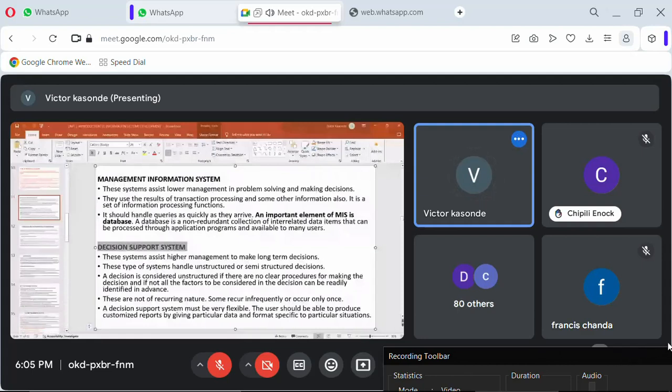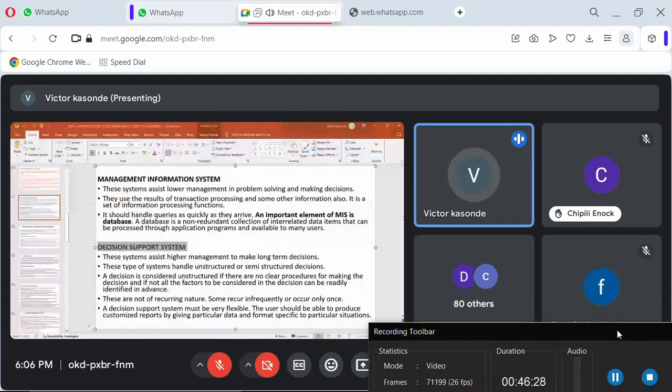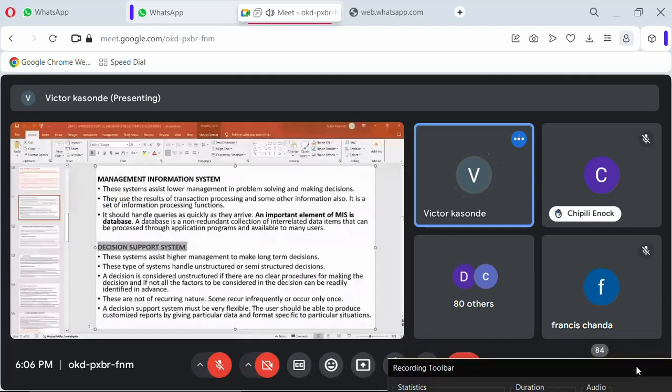Guys, it can't be like this. So that is the way things are. Decision support system. This management system can't make a decision.